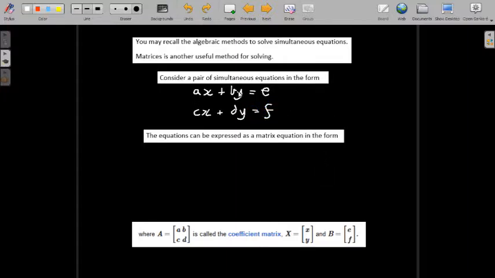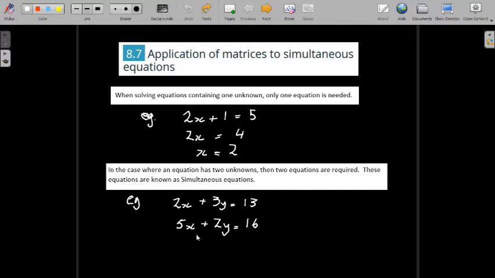So this is what two equations for two unknowns will generally look like. a, b, c, and d are going to be numbers, coefficients. x and y are the two unknowns that we're trying to find. e and f are going to be numbers as well. So it's very similar to this example over here, with the coefficients in front of the x and y, and the 13 and 16.